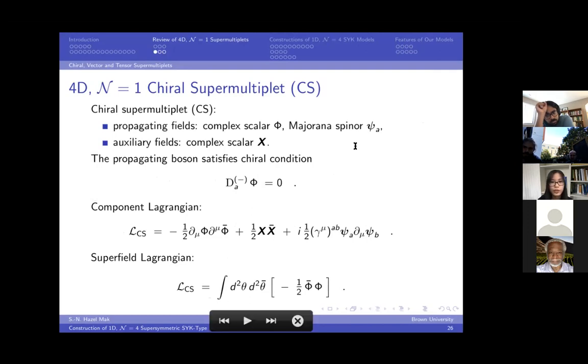Well, maybe I haven't specified, but we are in 4 component notation. So actually, for example, this A will run from 1 to 4, but if you recast it in 2 component notation, then you will have alpha, which runs from 1 to 2, and alpha dot from 1 to 2.